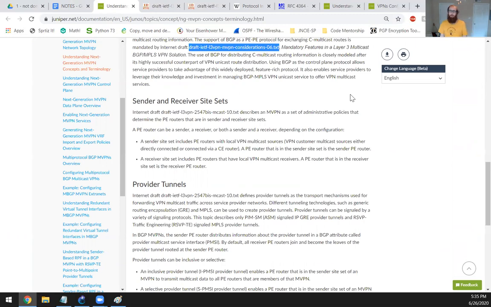It describes an NG-MVPN as a set of administrative policies that determine the PE routers that are in sender and receiver site sets.